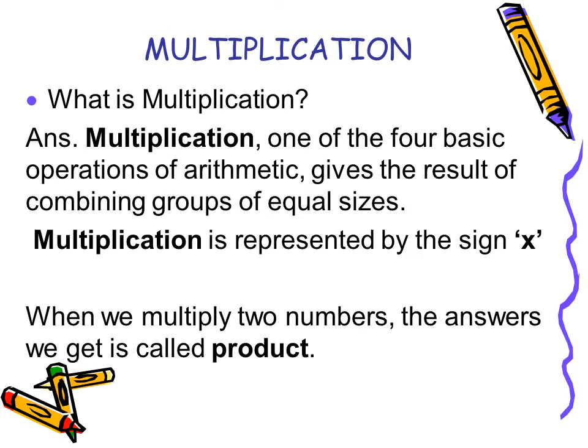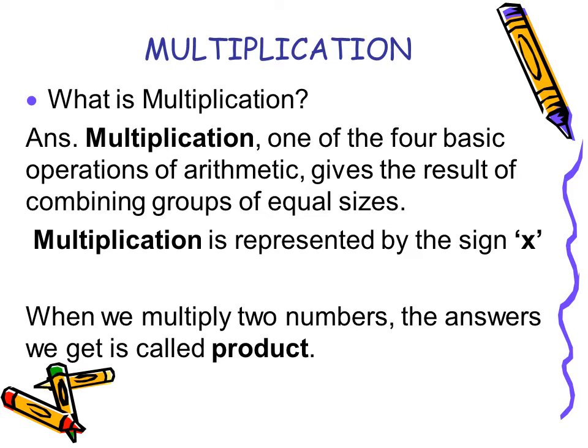Multiplication gives the result of combining groups of equal sizes. When we combine groups of equal sizes, we either add them or multiply them. You can see multiplication is represented by the sign X. It is not perfectly X, it is known as the multiplication sign.